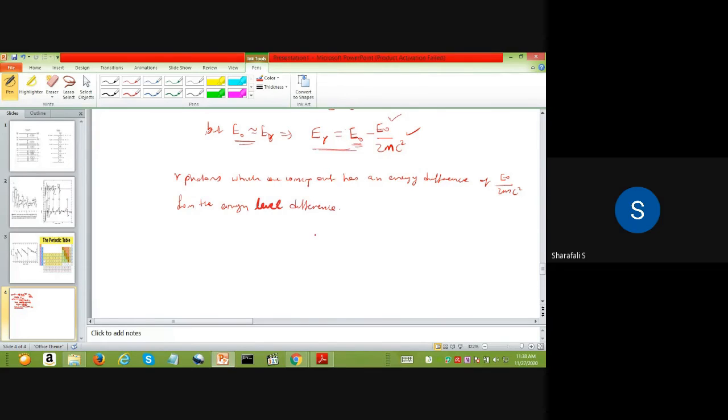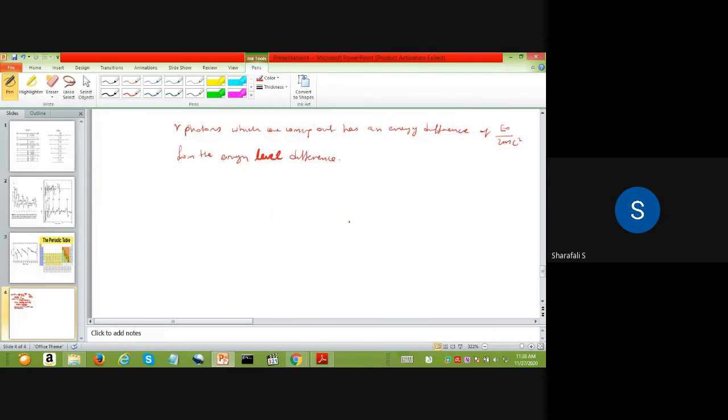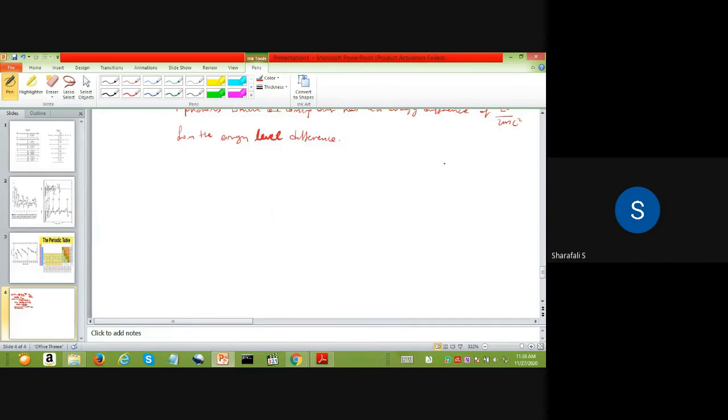So if you plot that in a figure, then if you say this is the energy line, and this is your E0, that is the energy difference between those states, then your gamma radiation which is coming out will be somewhere here. There will be a finite width because of the Doppler effect and the uncertainty principle.